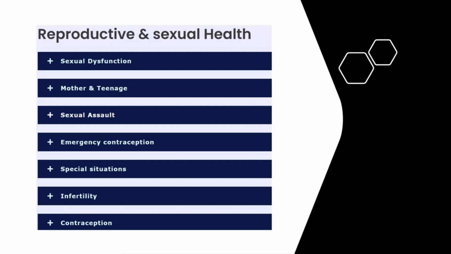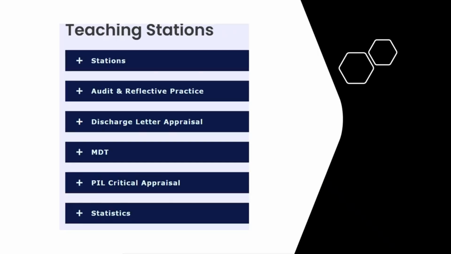So there's lots and lots of cases to discuss and practice. And it's very likely that a lot of these topics that you practice would actually make up the real exam.